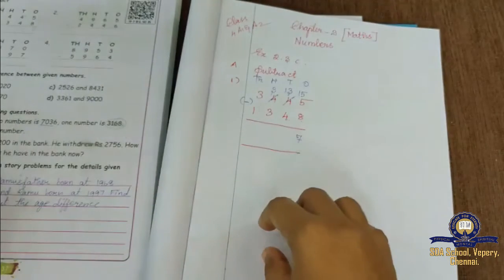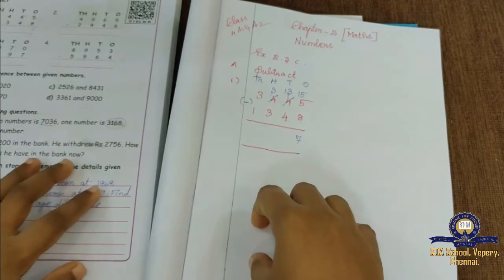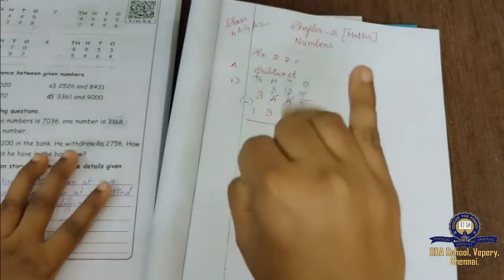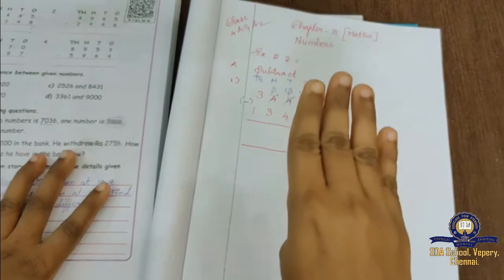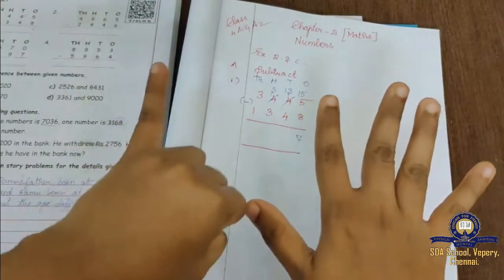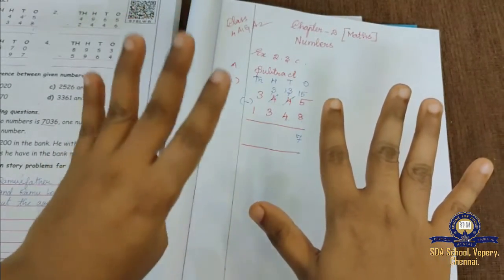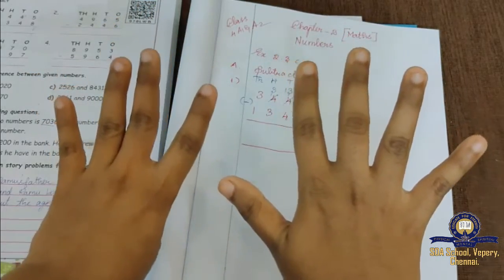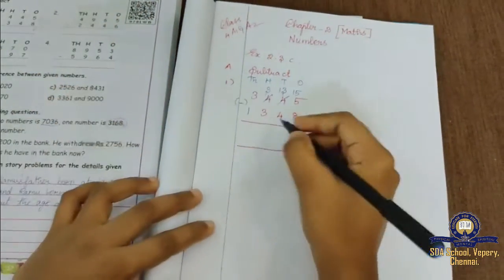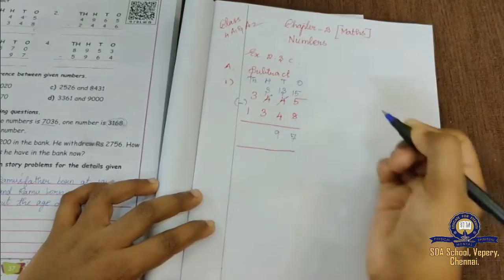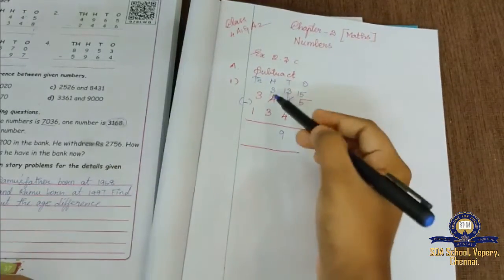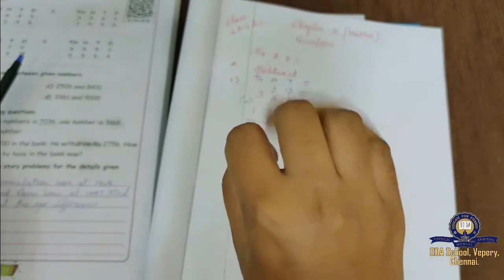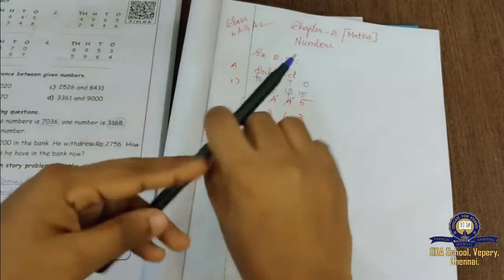What is 13 minus 4? Count from 4 until 13 comes: 5, 6, 7, 8, 9, 10, 11, 12, 13. How many fingers? 9 fingers. So 9 is the answer. Then 3 minus 3, nothing is there, so 0.